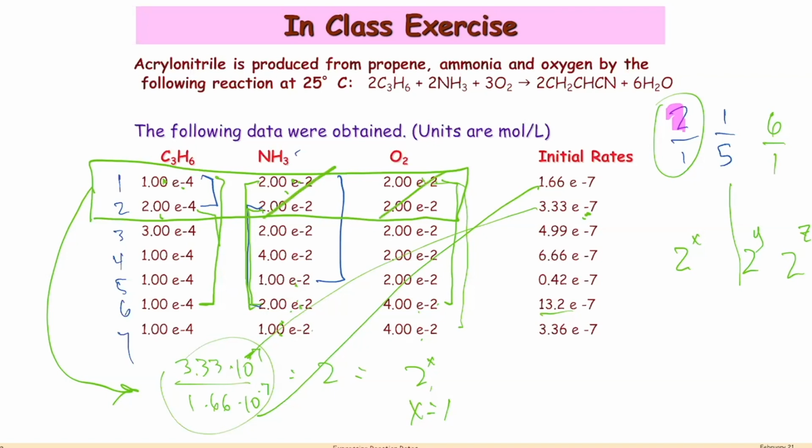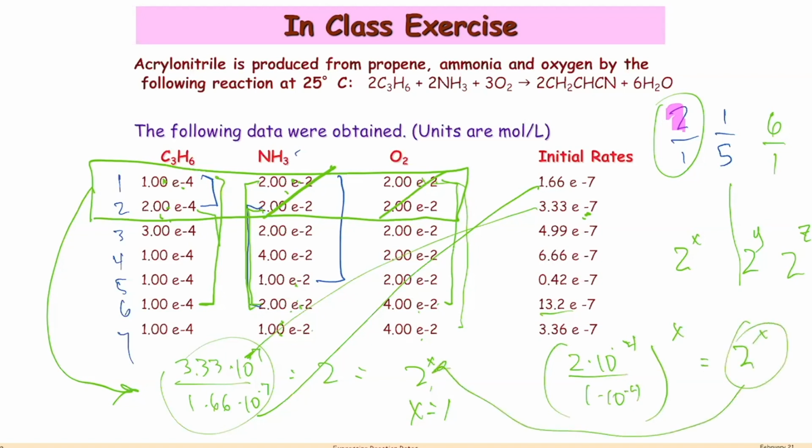The ammonia doesn't play a role, so I'm not even going to write that. And then 2 over 1, that's 2 times 10 to the minus 4 divided by 1 times 10 to the minus 4, all over x, that's just 2 over x. That's how I got that. This number is the second experiment. This number is the first experiment. So now I know that x here equals 1.